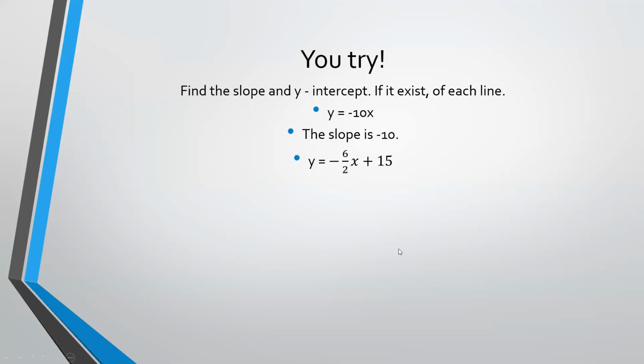Okay. So if you entered your slope as negative 6/2 or negative 3 and your intercept is 15, then you are correct.